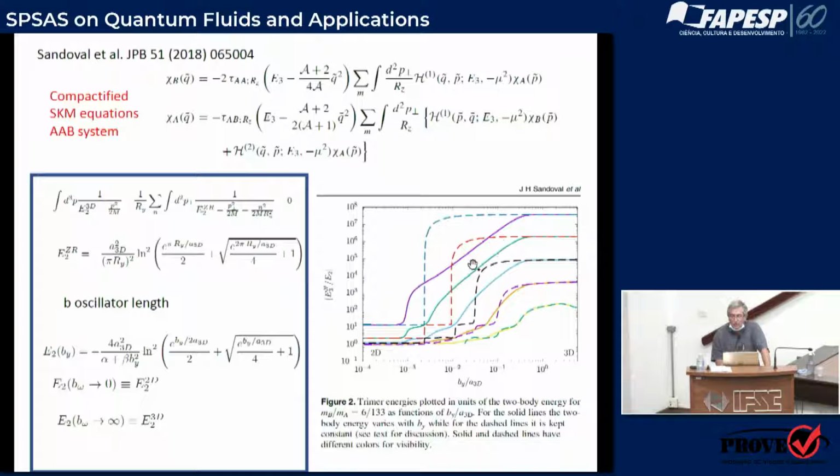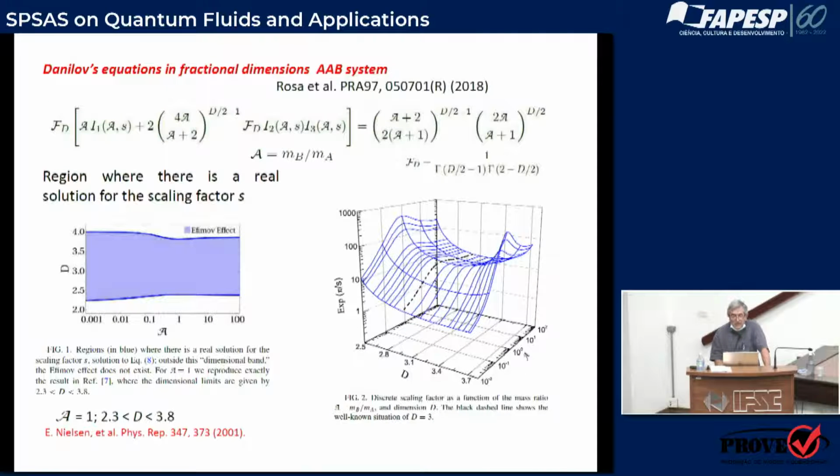Now, this other curve is just when we move the two-body energies according to this expression. So we have some softening behavior. And this is calibrated to the oscillator length divided by the three-dimensional scattering length.